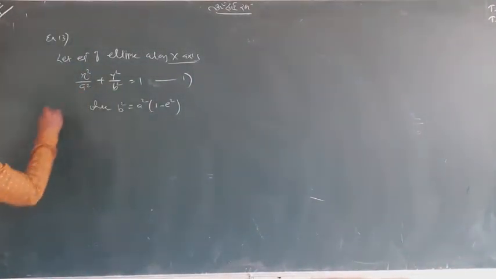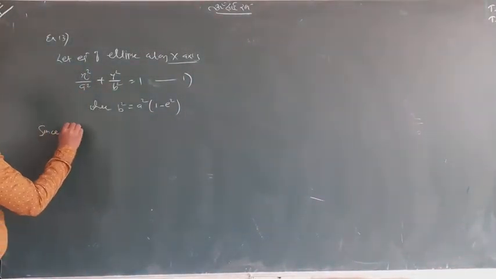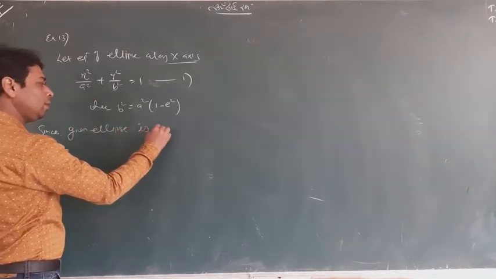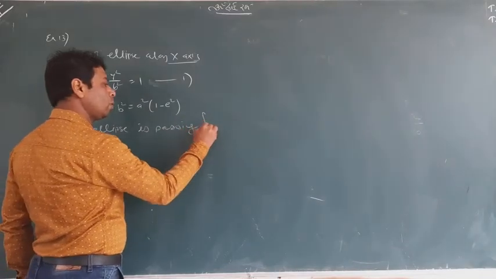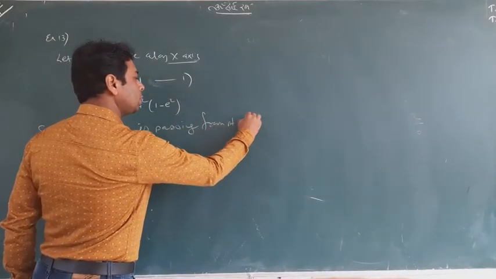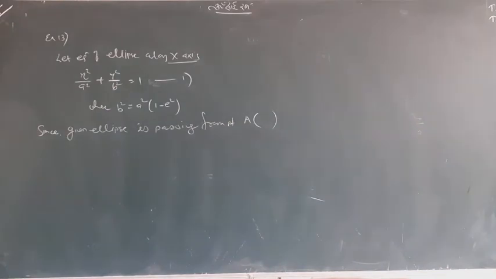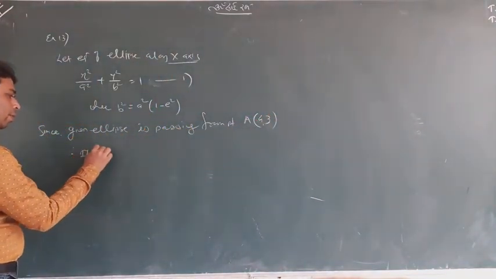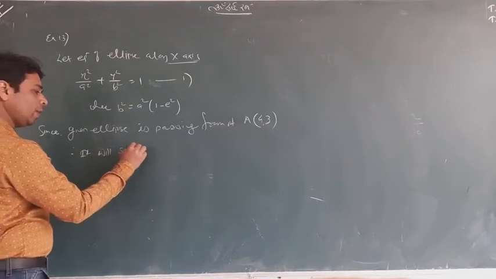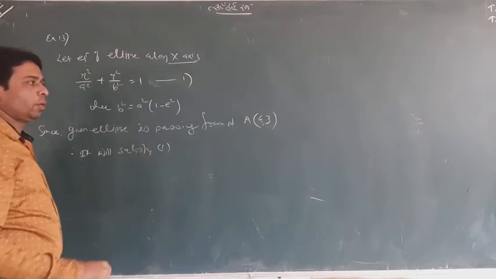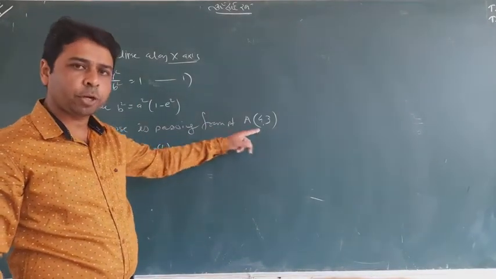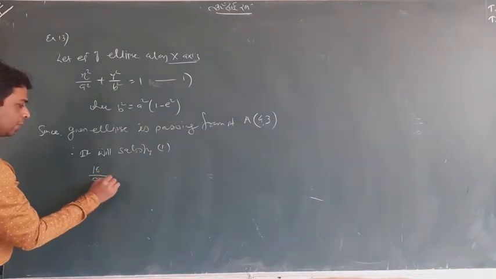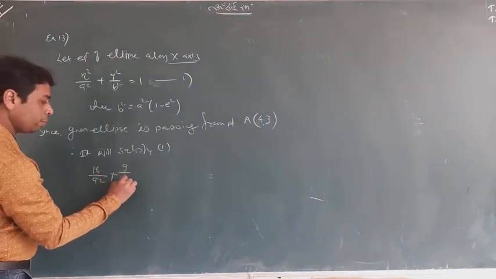Okay, so since the given ellipse is passing through the points, suppose the first point I am taking is (4√3, -1). So definitely it will satisfy the equation of the ellipse, so the point will satisfy it. So x square will be 16 by a square, plus 9, by b square equal to 1.